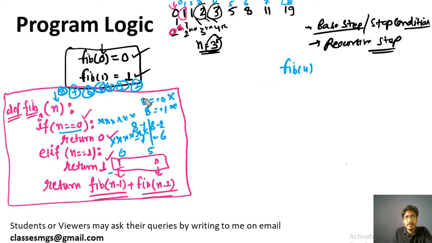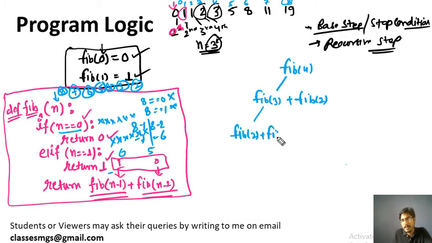Fibonacci 4 will call, because 0 and 1 are false, so Fibonacci 3 plus Fibonacci 2 will be called. Again Fibonacci 3 will be called, then it is not 0 or 1, so Fibonacci 2 plus Fibonacci 1 will be called.